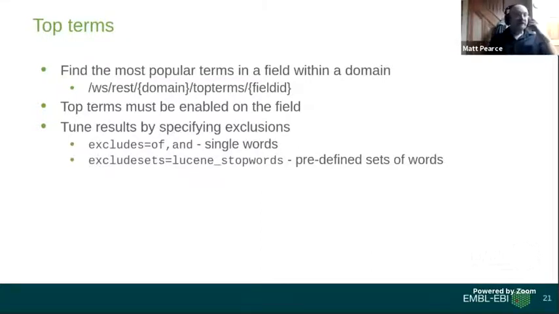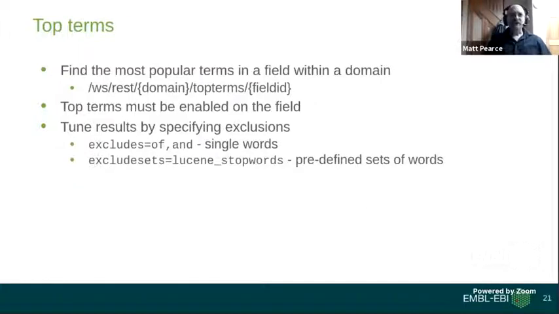When you execute this, you will quite likely see lots of short results if you're searching over a field which has got lots of English text in it, like a description or an article body. You'll see lots of ofs and ands and these and other common words in English. So you can actually tune the results by excluding those from the list of words that are allowed in the result set.